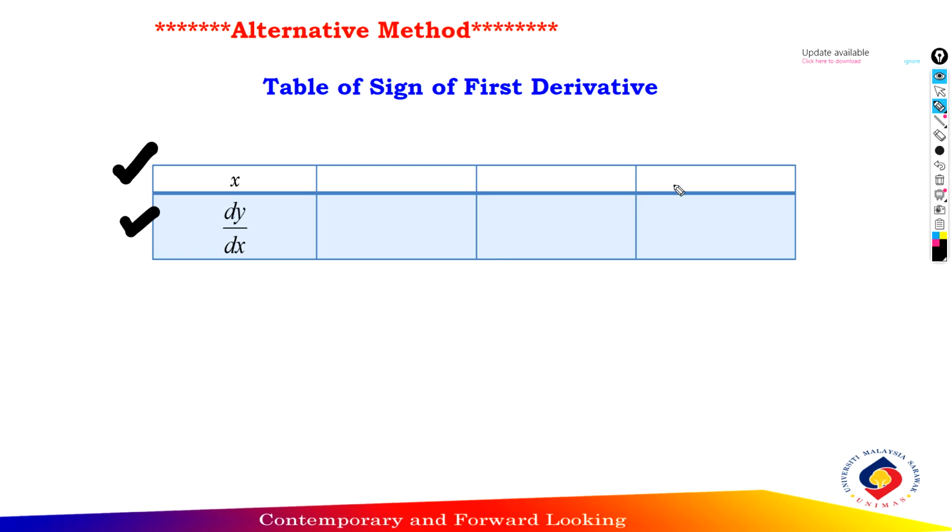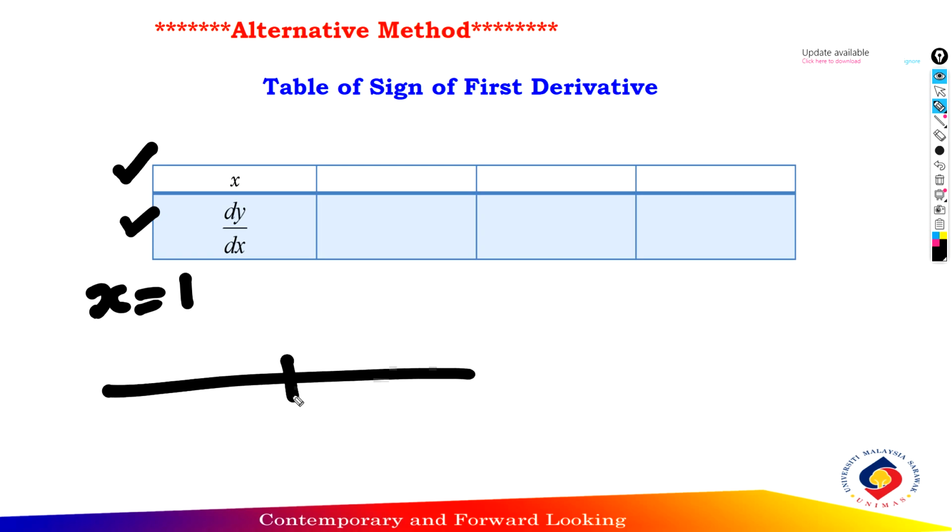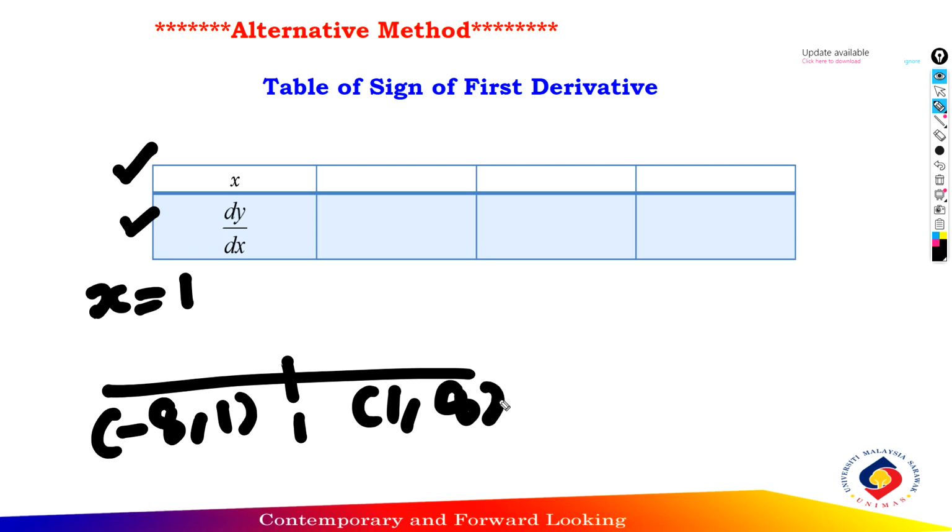The value of x here equals 1, and this cubic function is defined for all real numbers, between negative infinity and positive infinity.